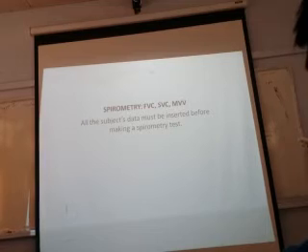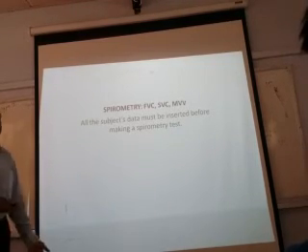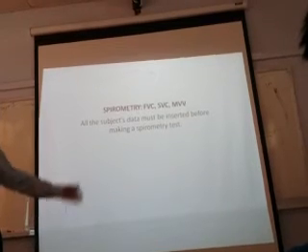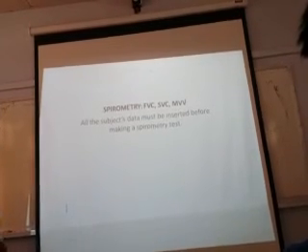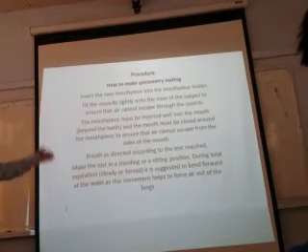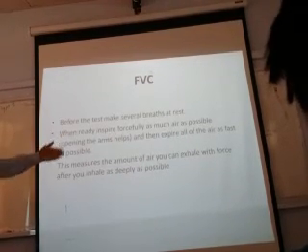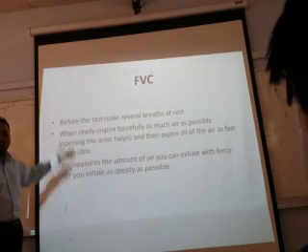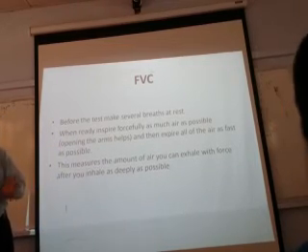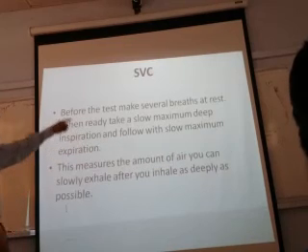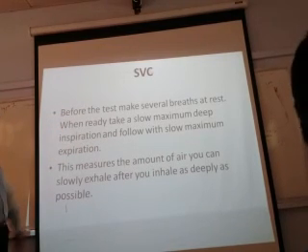Basically, there are more things here because there are more things a doctor should know. Okay, there is also the procedure, how to do it, etc. What is FVC? What is forced vital capacity? How to do it? This is all I have written here. Description of how to do it for FVC, how to do it for SVC. Okay.